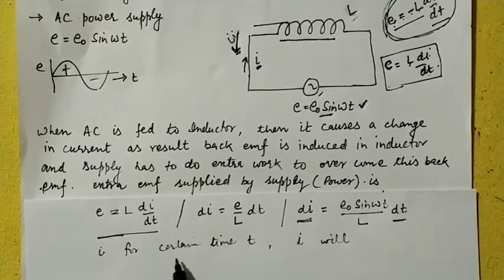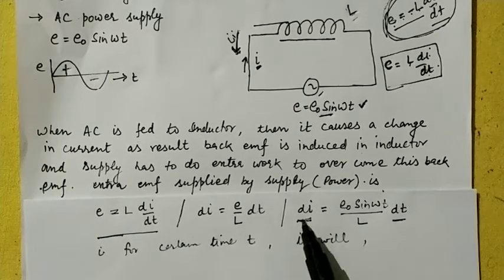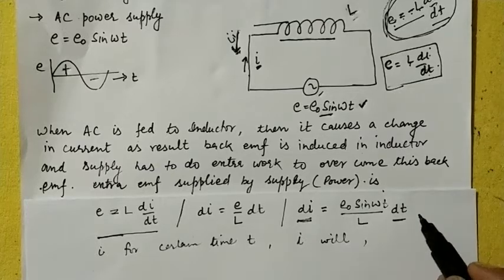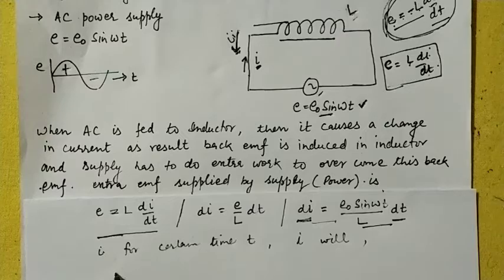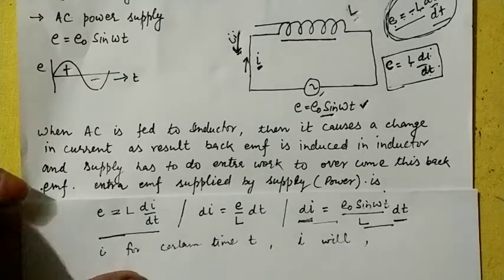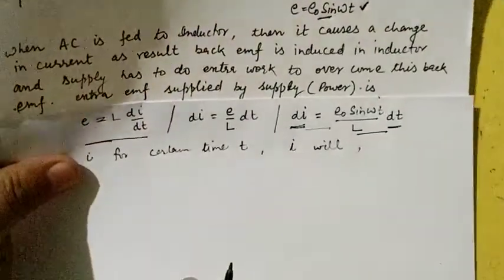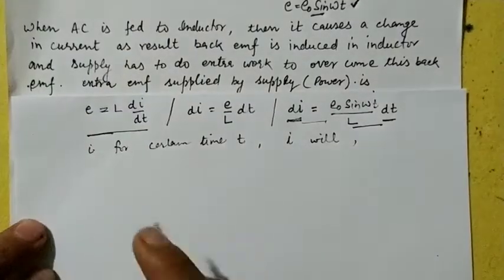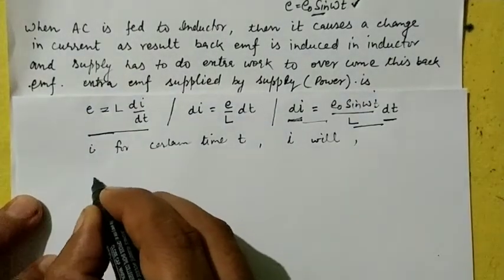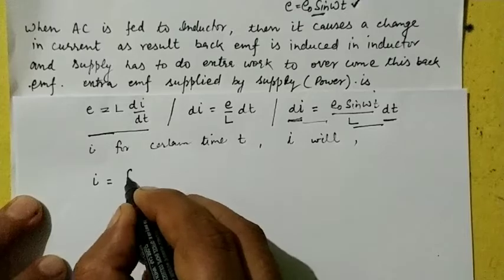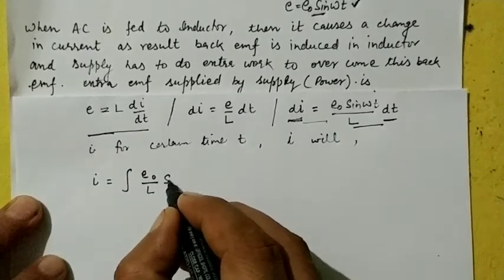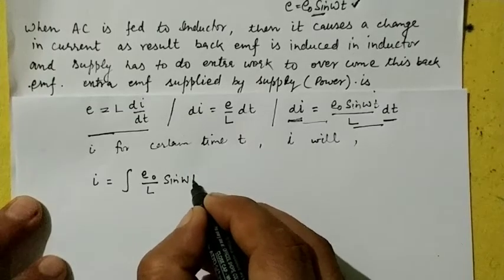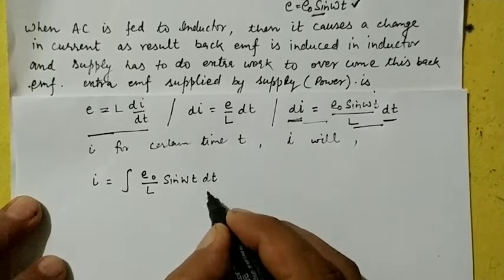For a certain time t, the current can be calculated by integrating this equation. So we get I is equal to the integral of E naught by L into sine of omega t into dt.